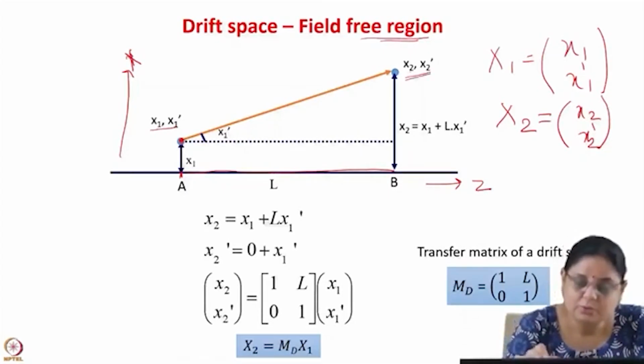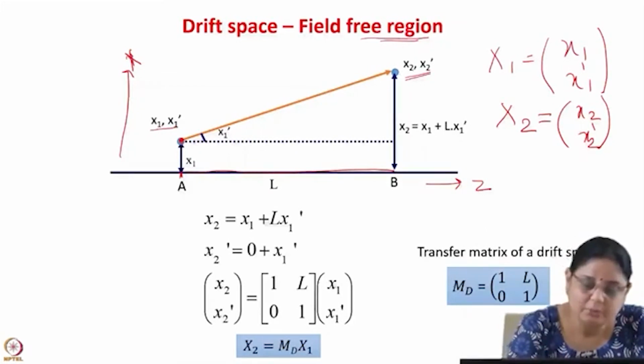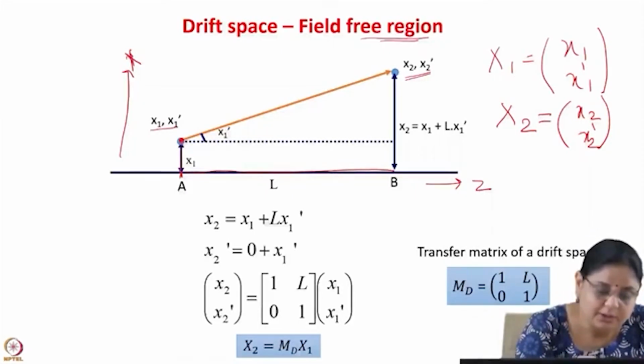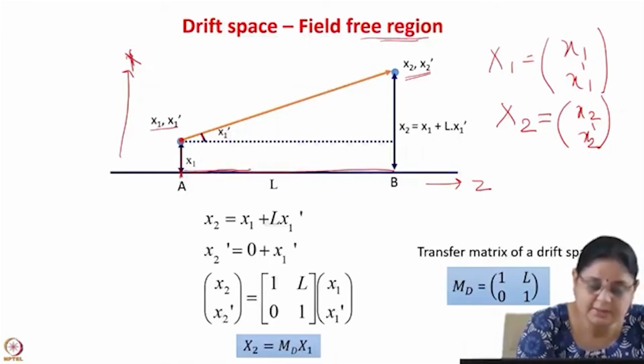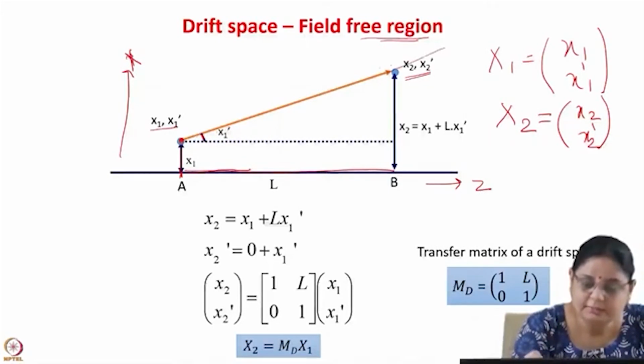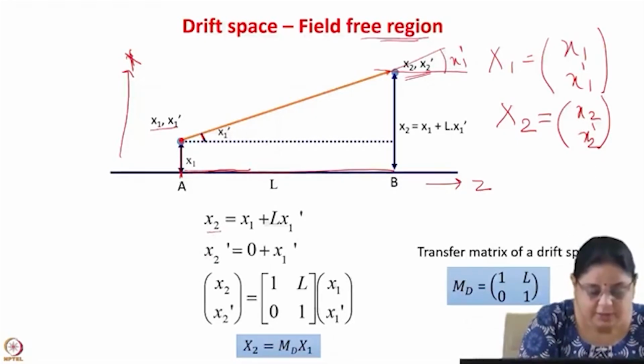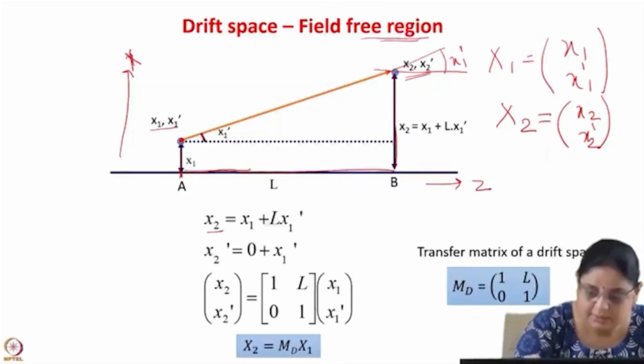Since no force is acting on the charged particle, it will move with a constant divergence. So what is the divergence? Here the position coordinate is x1 and the divergence, that means the angle it makes with respect to the z-axis, is x1 prime. Since no force is acting on it, this angle will remain the same, so this will again be x1 prime. Now the coordinate x2 is x1 plus L times x1 prime.